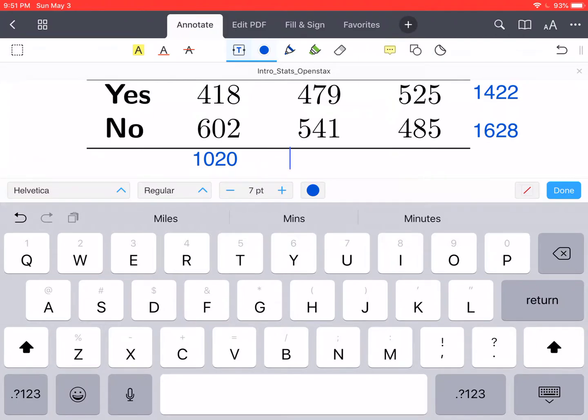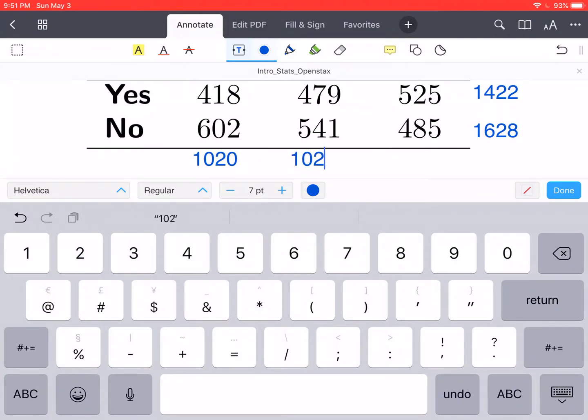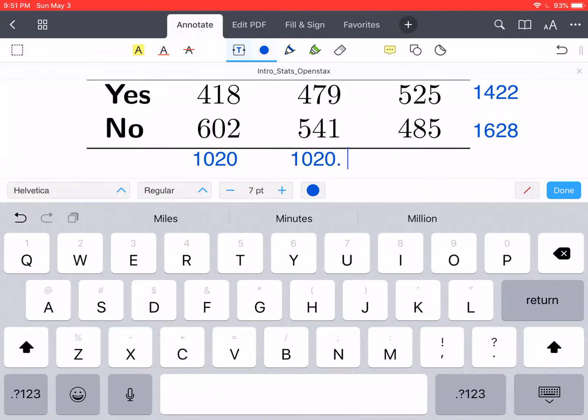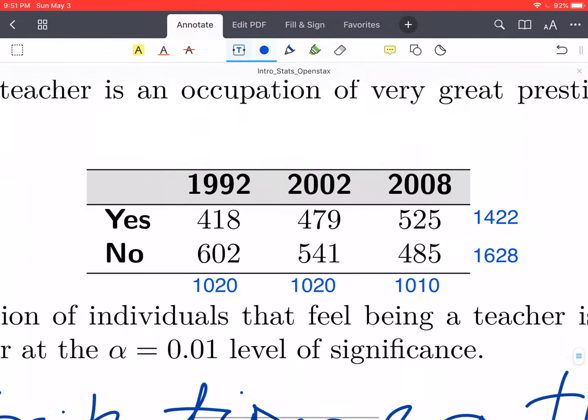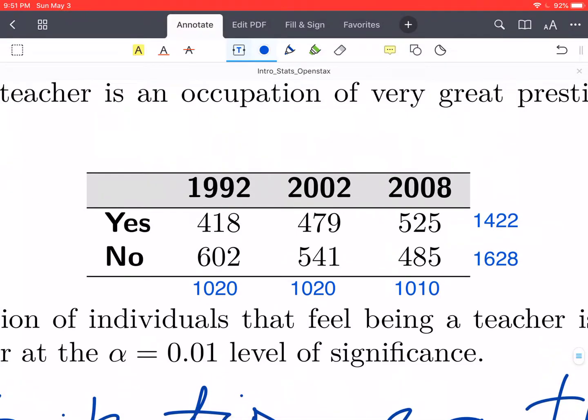The next one, add those up. That actually also gives us 1020. And the last column there gives us 1010.